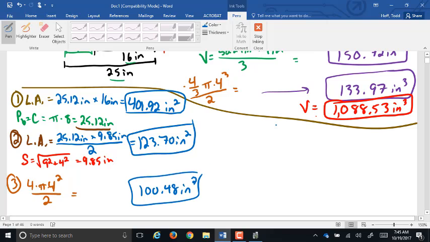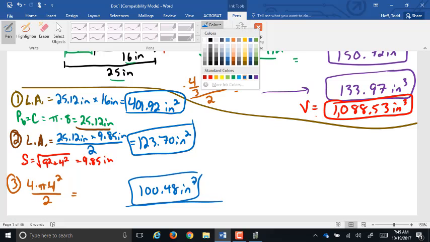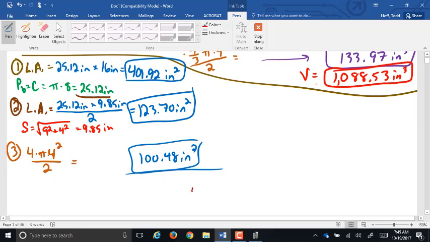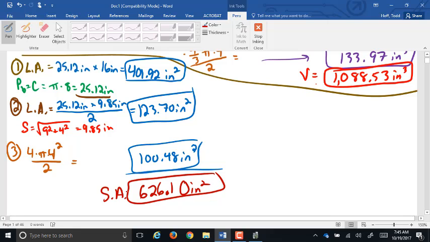No, for surface area, it should be just radius squared, 4 pi radius squared. So we add all this stuff up. 626.10 inches squared for the total surface area.